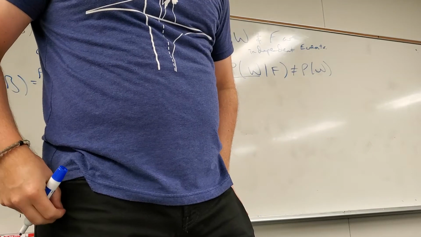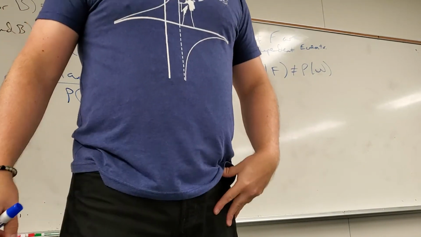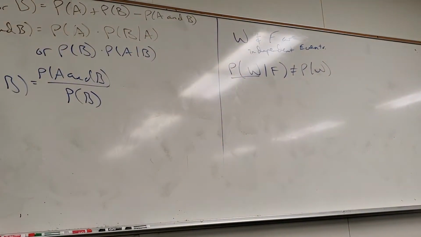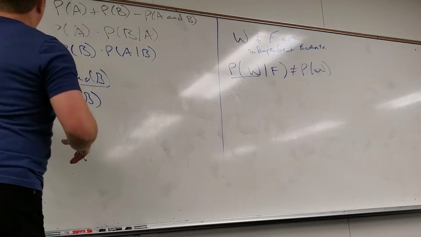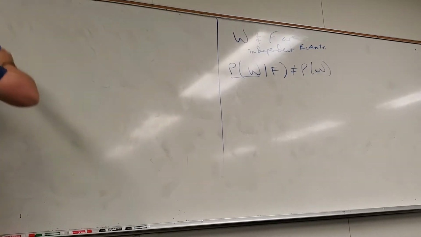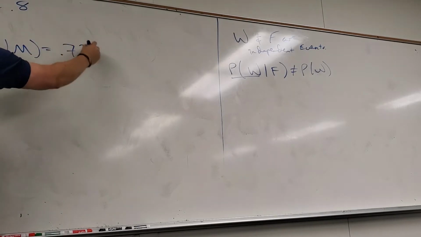Yes? So would the best way to show it be to just do the decimals not equal to each other? Yeah, there you go. Has everybody got this now? Okay. So if I calculated the probability of A and I got 0.8, and I calculate the probability of A given M and I get 0.72.